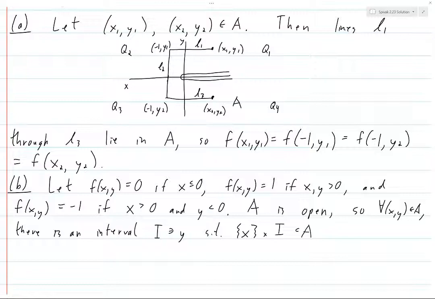And that strategy that I discussed for choosing that neighborhood, where you take the distance to that ray of points where x is greater than or equal to 0 and y is 0, and take that distance and divide it by 2 and use that as the radius of your interval with respect to the y direction, that's all that we need here. So all we need is really like one small part of the proof that A is open in this proof. So that would be the more concise way of doing it. But it is true that A is open, and that really is sort of the key to why we're able to do this.